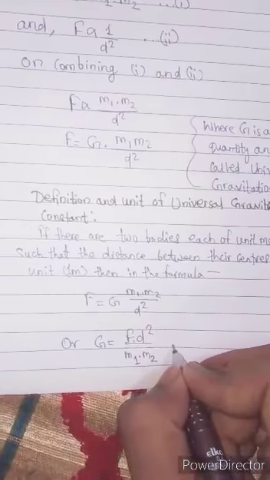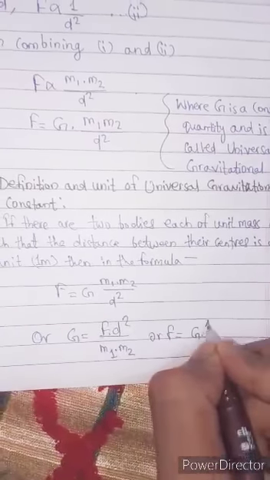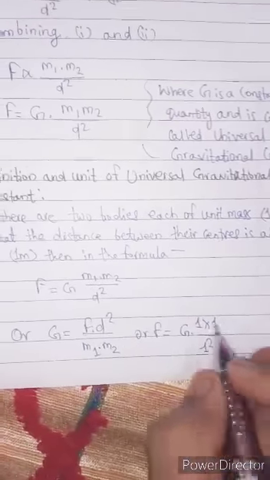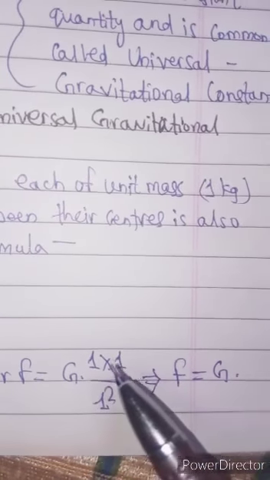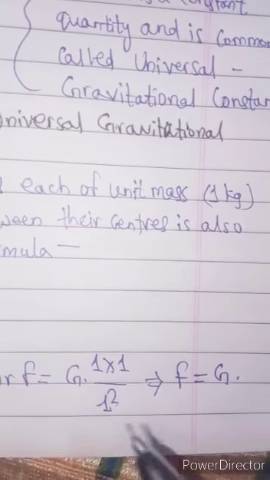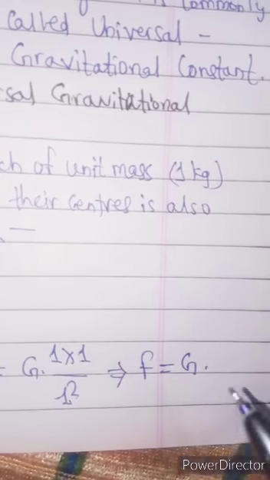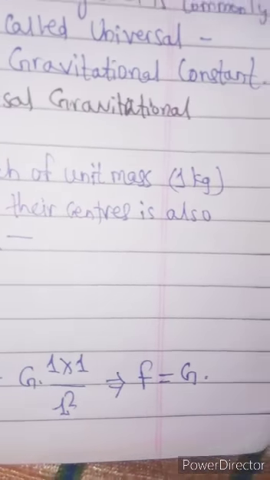Then F is equal to G multiplied by 1 and divided by the square of 1. And after all, we conclude that F is equal to G, that is the universal gravitational constant.